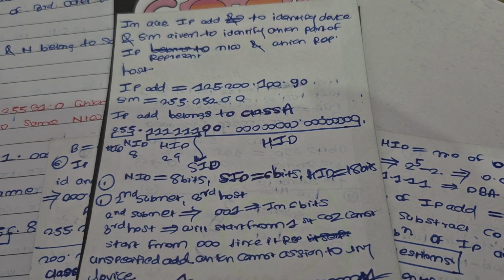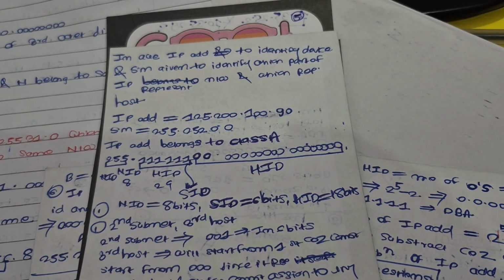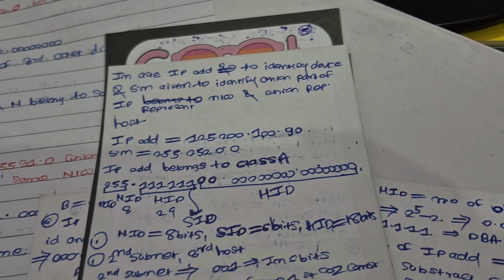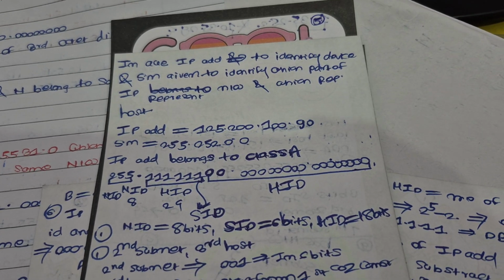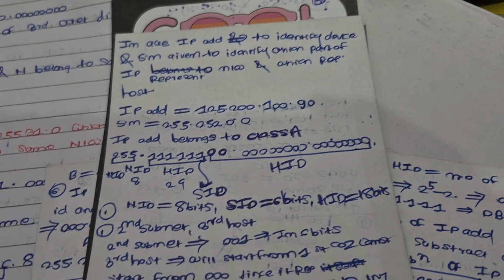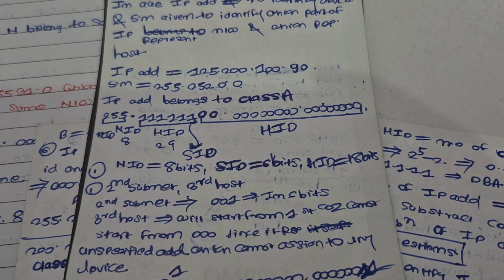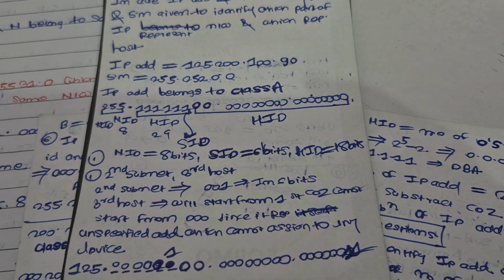As I already said, the subnet ID starts from 0, so 000 indicates the first subnet. Here we need the second, which in binary would be 001. Since the SID is 6 bits, we need to represent 1 in 6 bits.